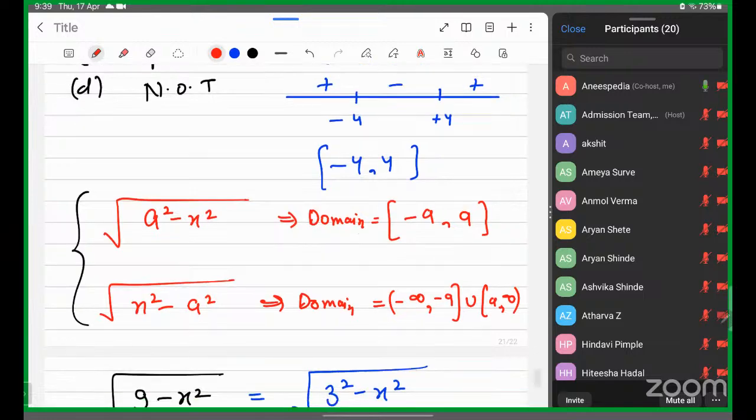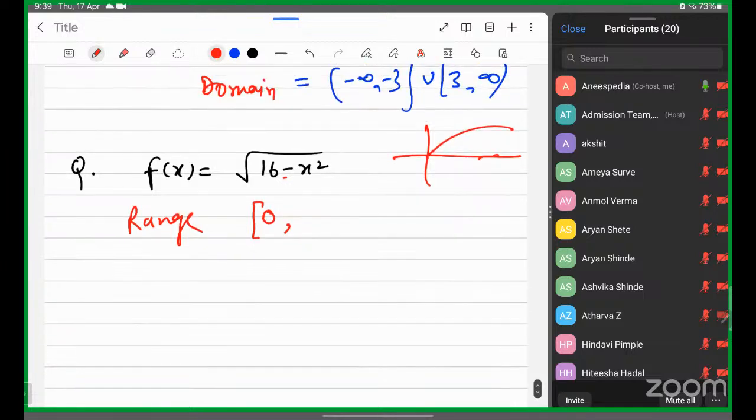So it will attain the maximum possible value at what point? If you make this particular expression minimum possible, x square can be minimum 0 only. So if you put x as 0, this will be root of 16, and root of 16 will be 4, which means the range of the given function is from 0 to 4.